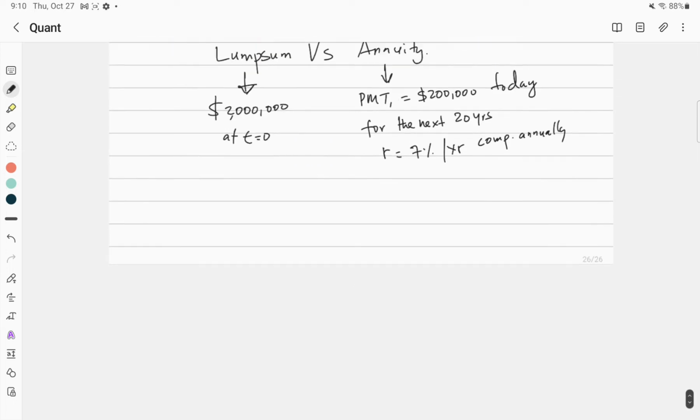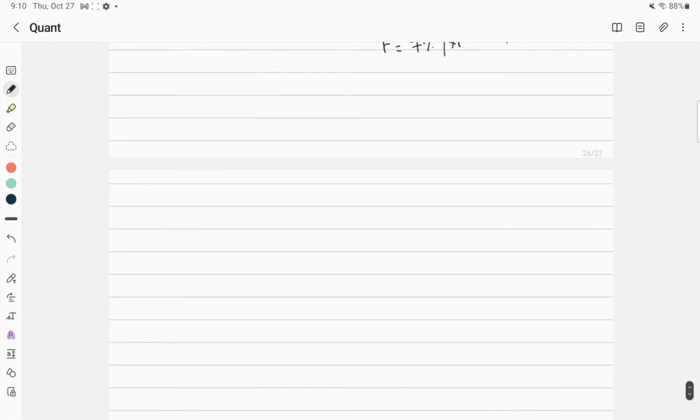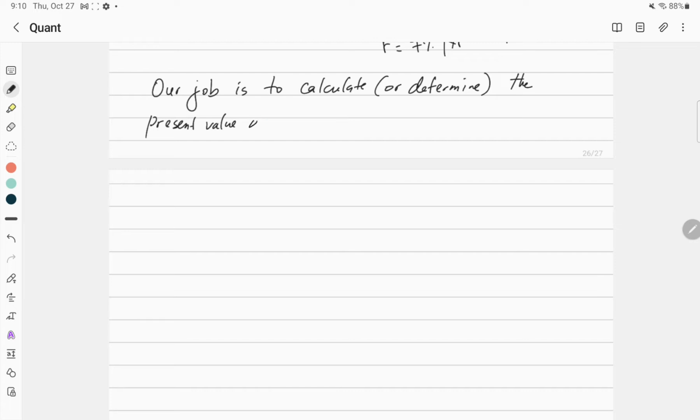So our job is to calculate or determine the present value of each option and choose whichever is greater.